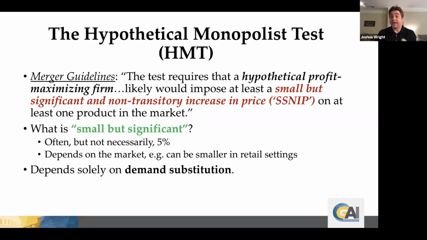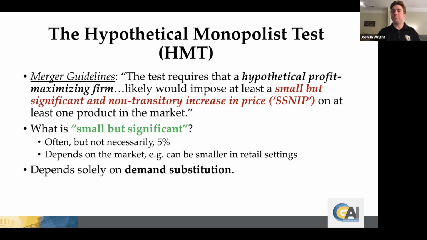With those handy merger guidelines, they define the hypothetical monopolist test as requiring a hypothetical profit-maximizing firm, our hypothetical monopolist, that likely would impose at least a small but significant and non-transitory increase in price, which we're going to call a SNIP, on at least one product in the market.